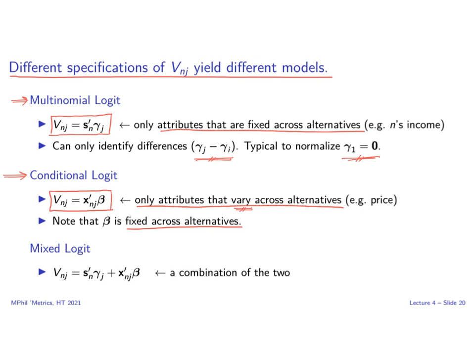This is precisely the reverse of the multinomial logit model, in which coefficients vary across alternatives, but attributes do not. There's a third model that we won't talk about too much in this video, called mixed logit, that combines the multinomial and conditional logit specifications by taking v n j equal to s n prime times gamma j plus x n j prime times beta.